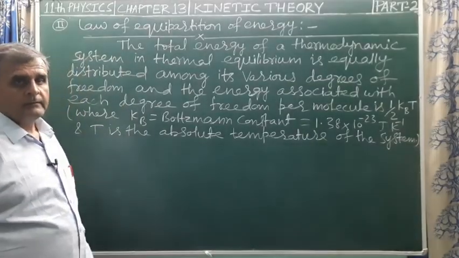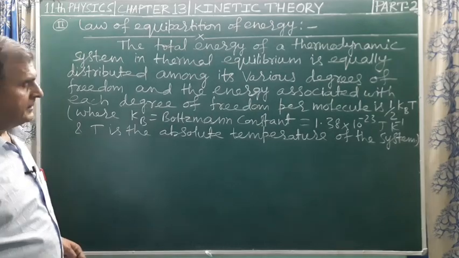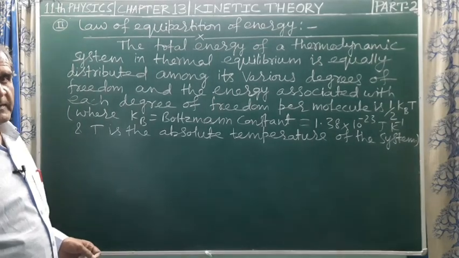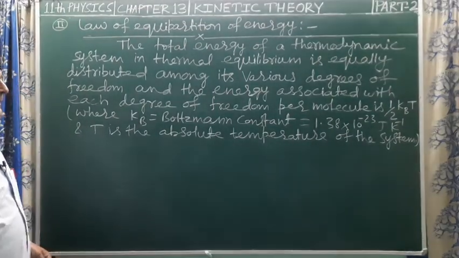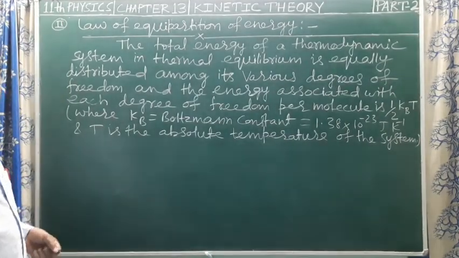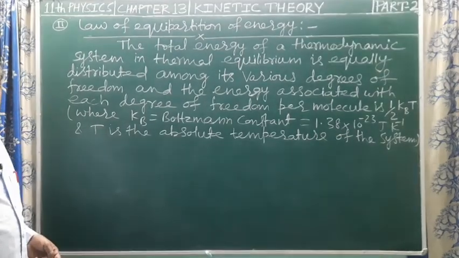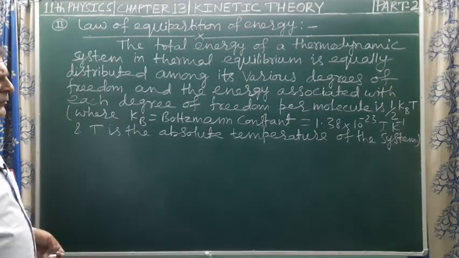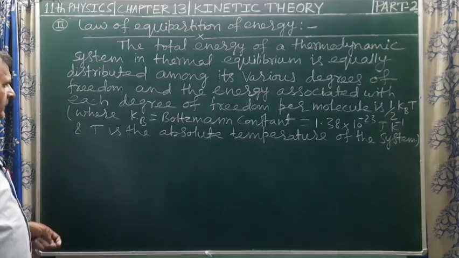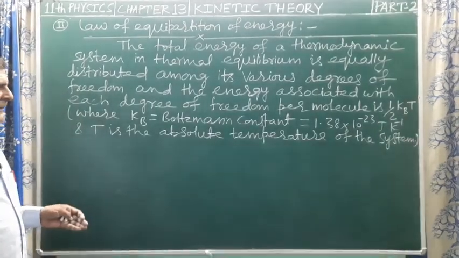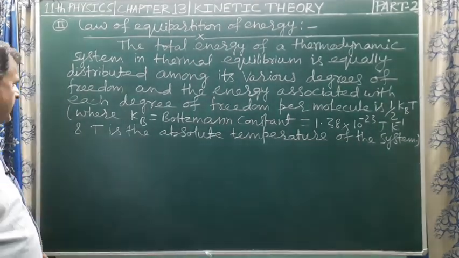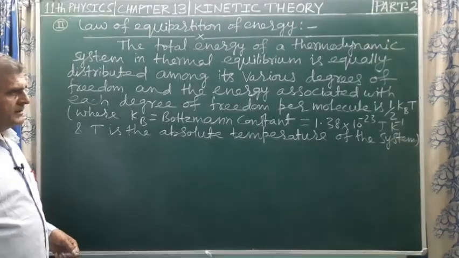Now the second topic of this video we have to discuss is the law of equipartition of energy, a very important law which states that the total energy of a thermodynamic system, for example a gas in thermal equilibrium, is equally distributed among its various degrees of freedom, and the energy associated with each degree of freedom per molecule is 1/2 kBT, where kB is the Boltzmann constant, which is equal to 1.38 multiplied by 10 to the power minus 23 joule per Kelvin, and capital T is the absolute temperature of the system.